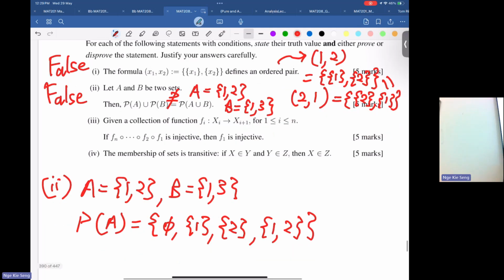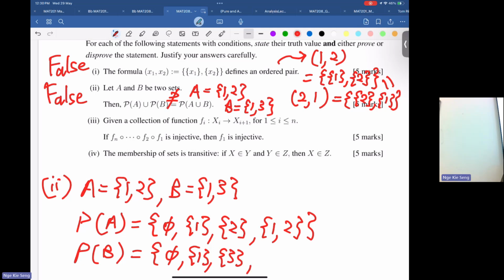Similarly for B, you have the empty set, {1}, {3}, and {1, 3}. But what's the thing that's in P(A union B) that's not in the union of these two?